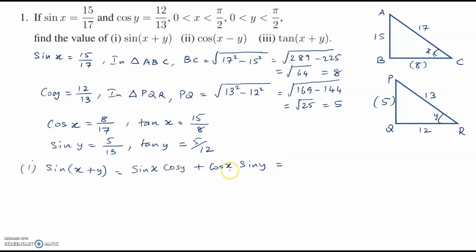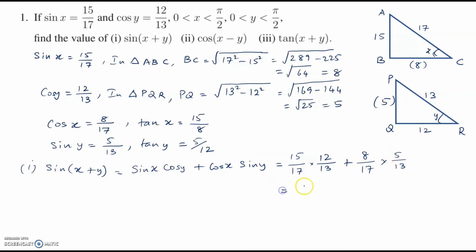Sin x is 15 by 17, which is given, and our cos y is 12 by 13, again it's given, plus our cos x is 8 by 17 and our sin y is 5 by 13.